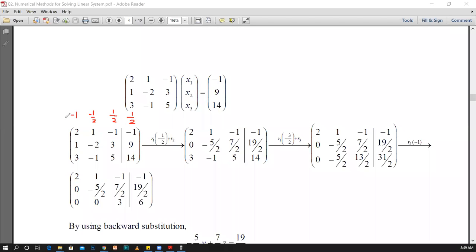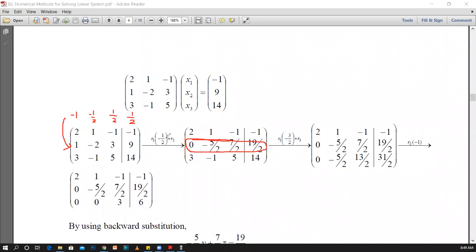If you add these values to row number 2, you will get this place as 0, since 1 plus minus 1 is 0. Likewise, if you add the other three values, you will get the values in the second row as this set of values. These are the values you obtain once you perform this calculation.